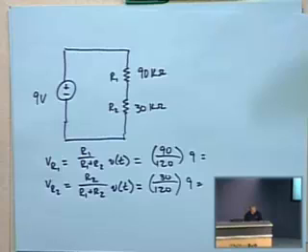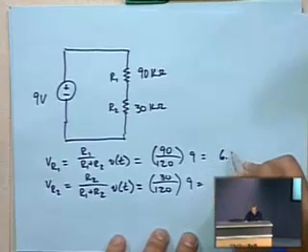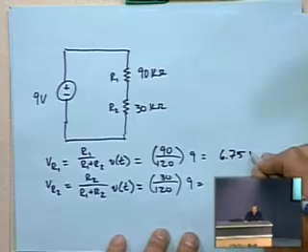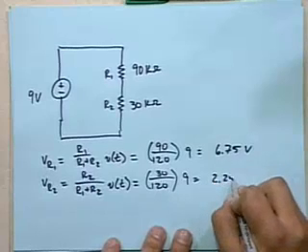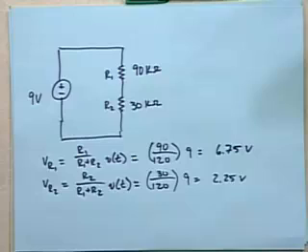So we've got 6 3/4 volts across the 90 kiloohm resistor, and divided by 12, we've got 2 1/4 across the second resistor, the 30 kiloohm resistor.